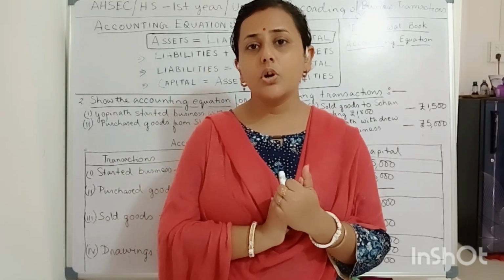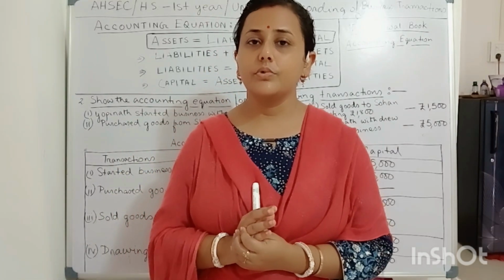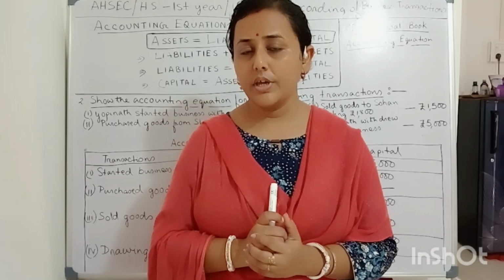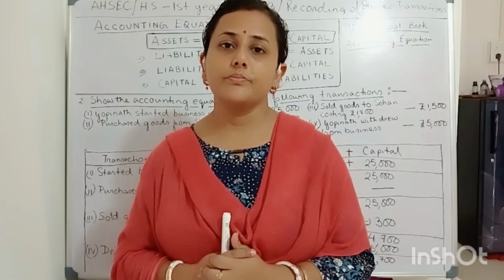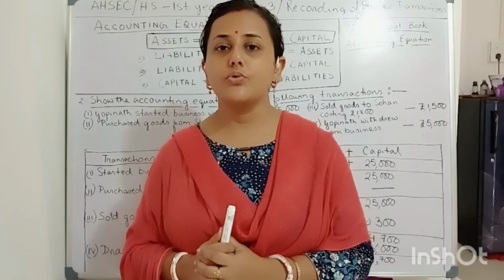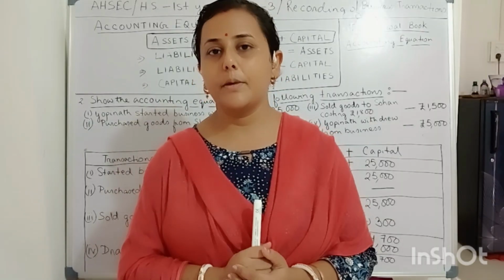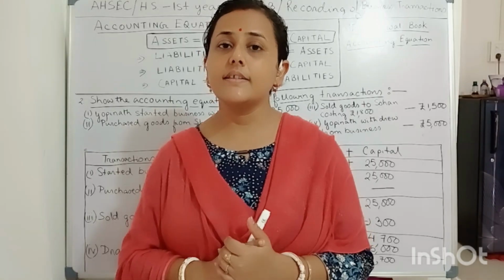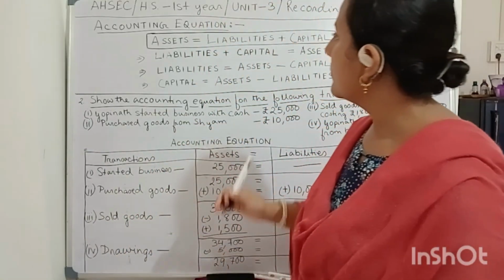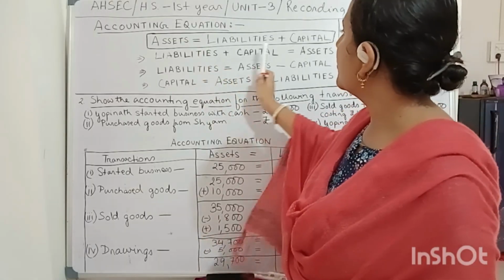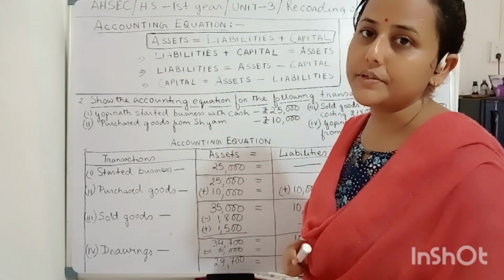Both the liabilities column and the assets column should be equal. Yes or no? So that means assets equals liabilities plus capital. You see here, assets equals liabilities plus capital.